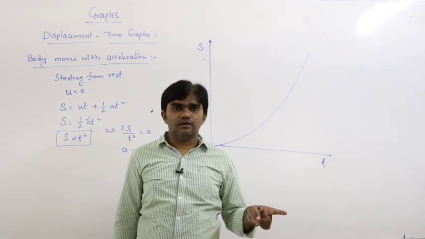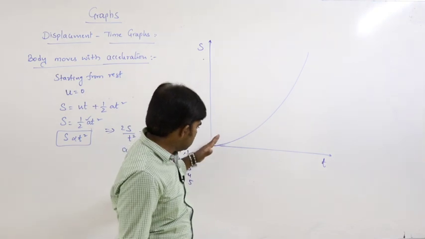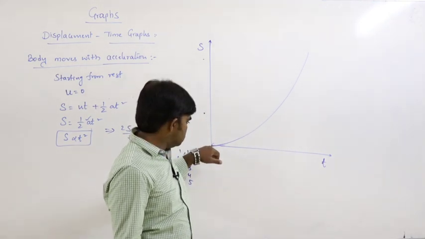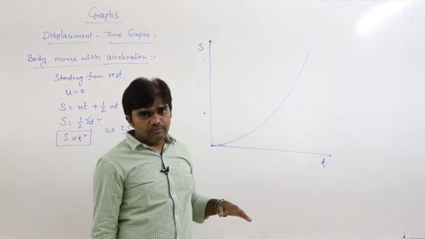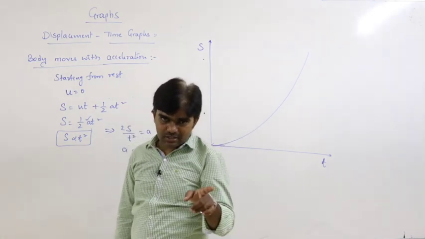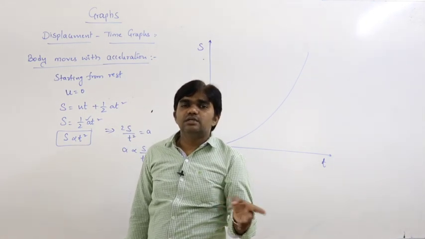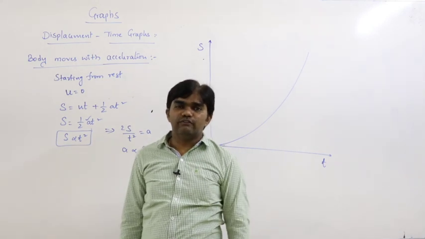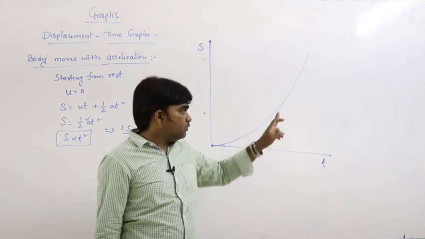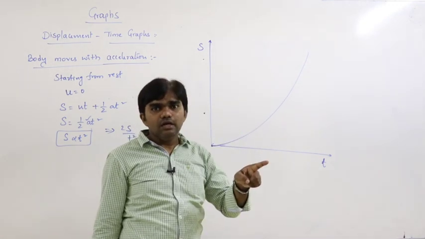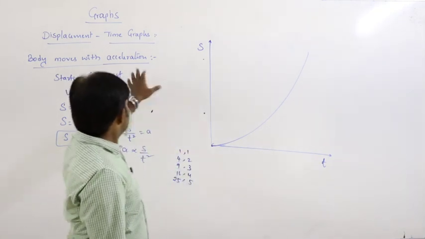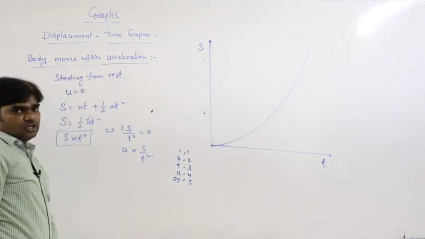For example, if the graph starts from the origin as a straight line passing through origin, for what condition is that? Body moves with uniform velocity. So like that, you must remember that. After watching the shape, we must remember the condition for what the shape of the graph should be like that. So this is the body moves with acceleration.